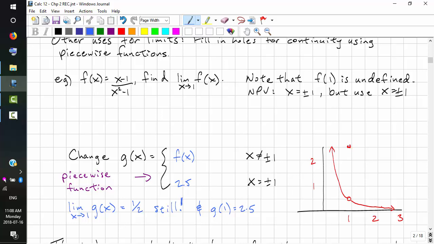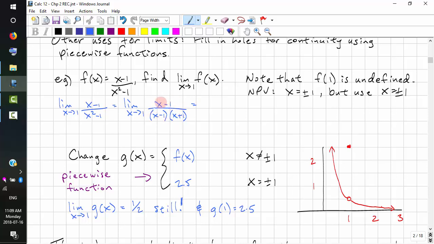So let's find the limit of this. So f of x at 1, we want to find that. So limit as x approaches 1 of x minus 1 over x squared minus 1 equals the limit. What we want to do is factor. This is x minus 1 over x minus 1, x plus 1.